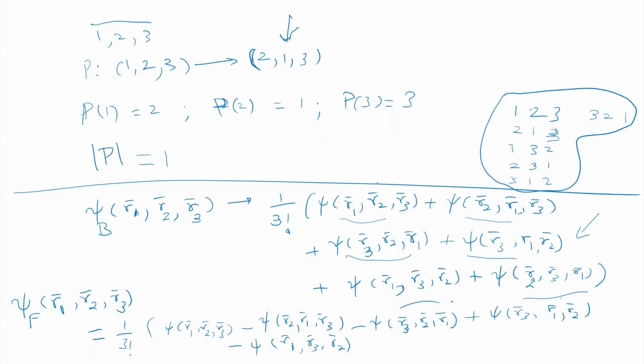So that means this remains a plus. So there are 3 pluses and 3 minuses basically. So this would describe a 3 fermion system.